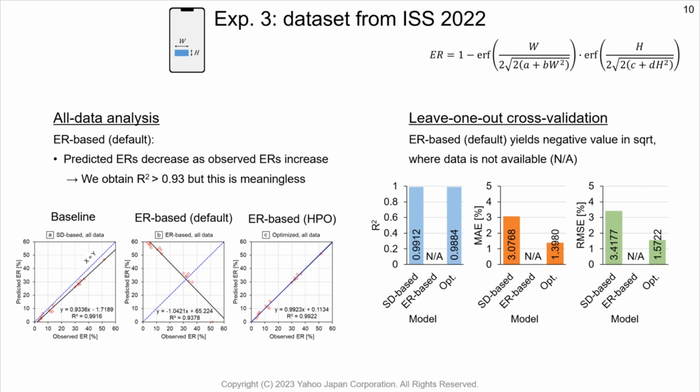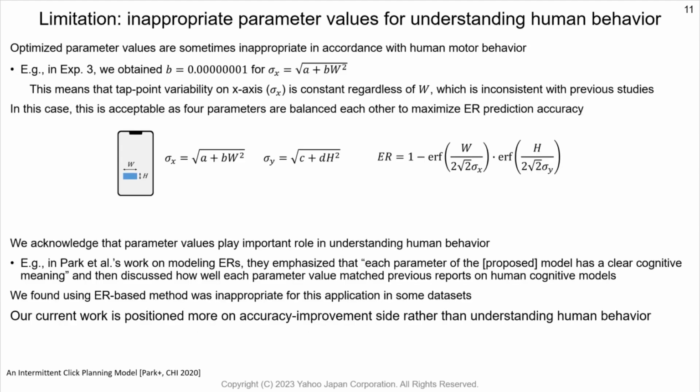In this case, we cannot compute the predicted error rates, and thus we note NA. In contrast, using HPO can determine meaningful parameters, and we obtain more accurate prediction results. In the same manner, we confirmed that the ER-based method with HPO outperformed the SD-based method for all 8 datasets.